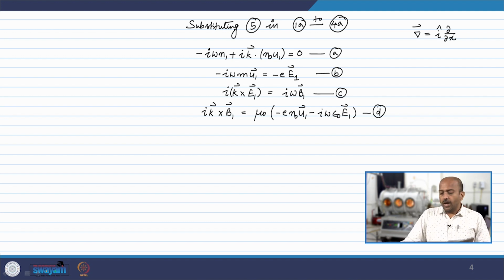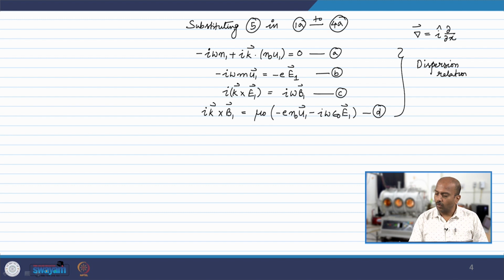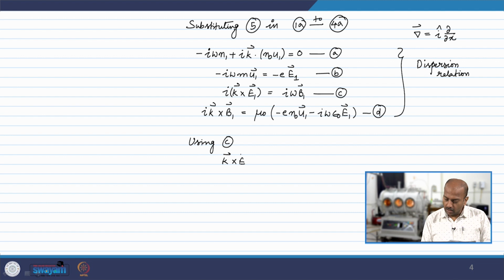Right. Now we have to eliminate some variables from A, B, C and D to get the dispersion relation. So, these 4 equations will lead to the dispersion relation, which is a characteristic of electromagnetic wave propagation in the plasma. Okay. So, using equation number C, we can write k cross E equal to i omega B1, right.